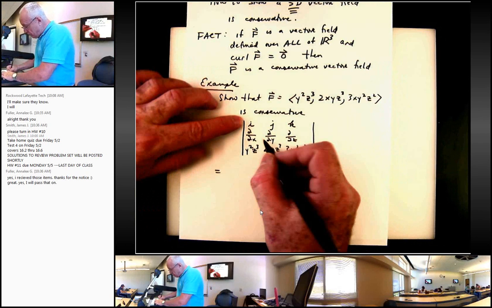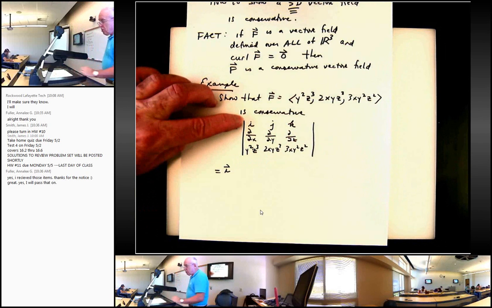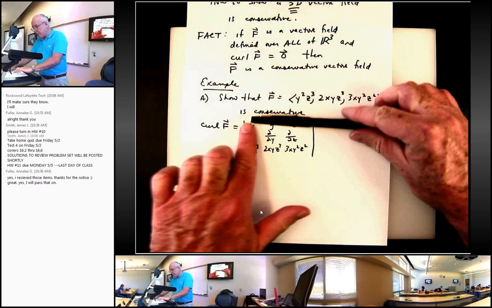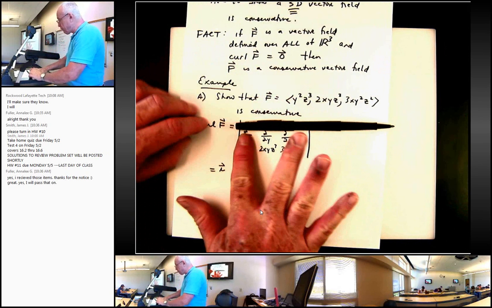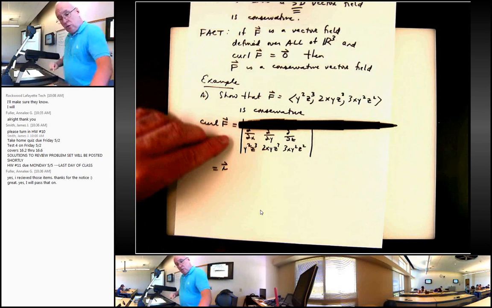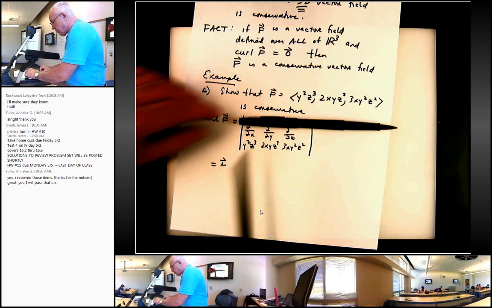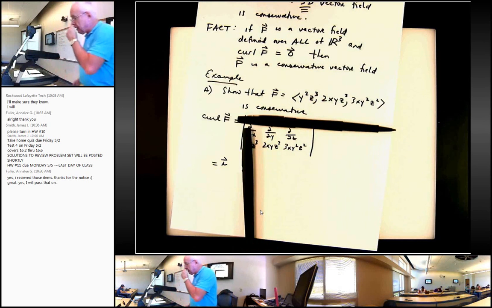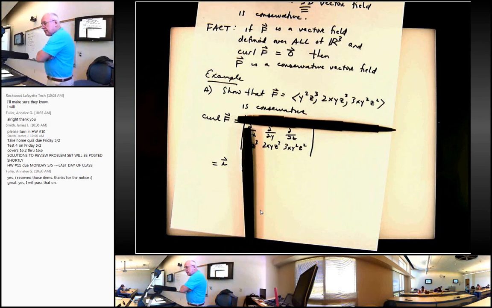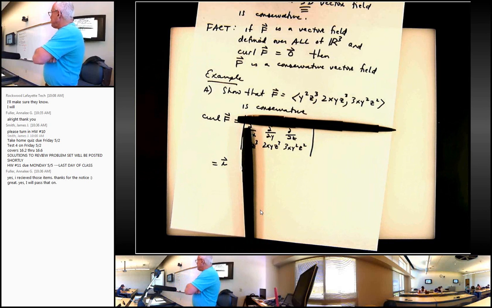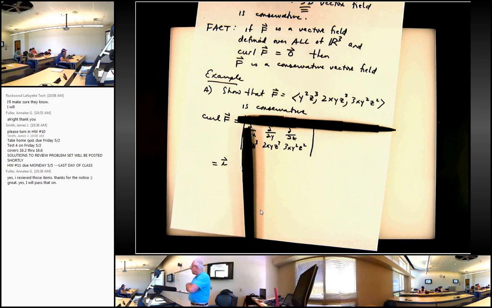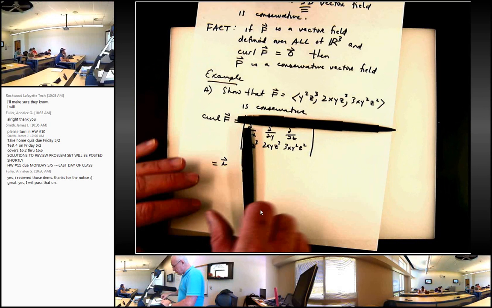So let's start going across the first row, start with the i, and cover up that first row and first column. So what we have here then, on the down diagonal, is del/del y of 3xy squared z squared. Y is our only variable there, so I'm going to take the derivative of y and leave the other ones alone.